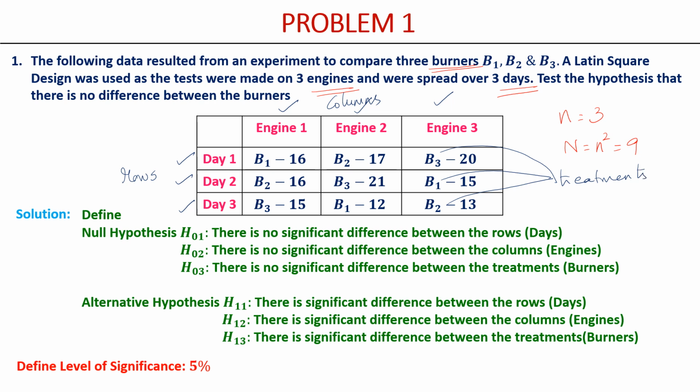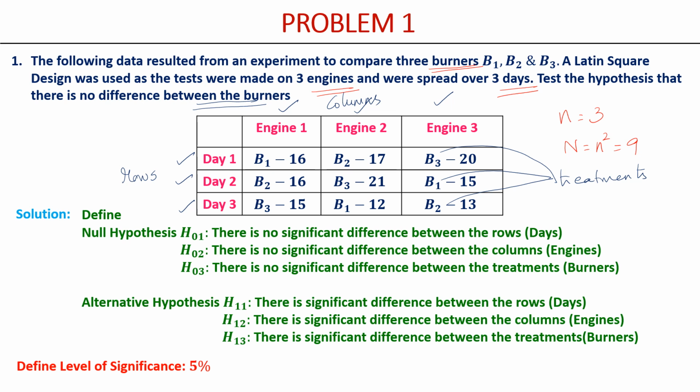We are also given the treatments in such a way that B1 does not repeat. One particular treatment does not repeat in a particular row or column. Though the question asks only about no difference between the burners, we are doing the problem for rows, columns as well as burners.